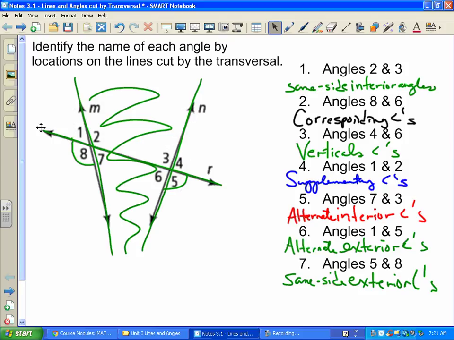But sometimes they do have a special relationship. And also, sometimes these angles have different names, like same side exterior angles could also be called consecutive exterior angles. And that's not as obvious with 8 and 5 as it would have been with 2 and 3 on the interior. So let's continue on.